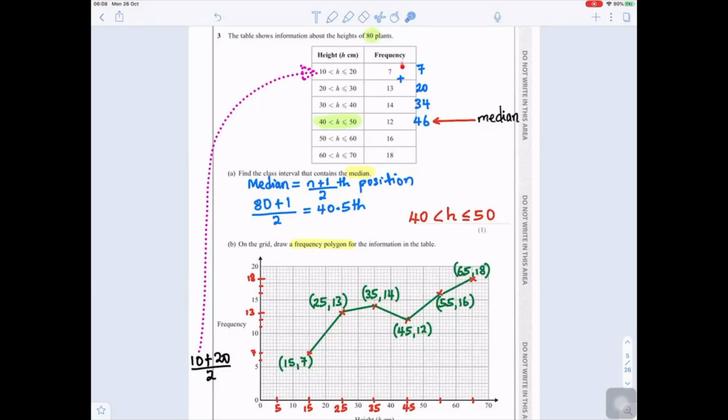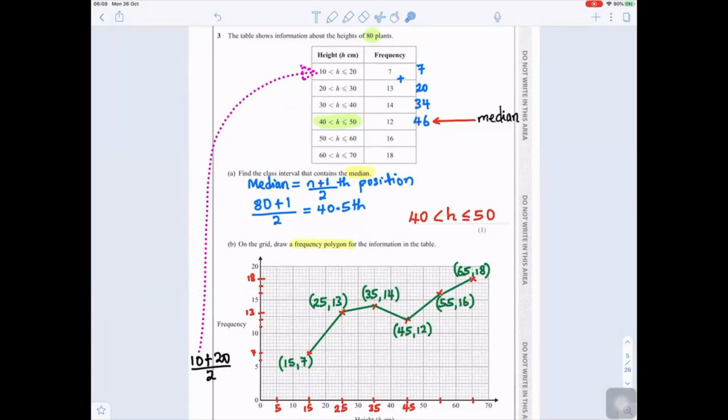We start from the top, looking at the frequency. Look at the top of the table, the frequency 7 plus 13 gives you 20. 20 add 14 gives you 34. 34 add 12 gives you 46.